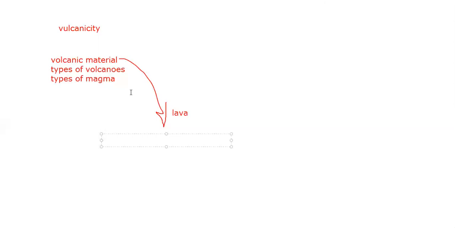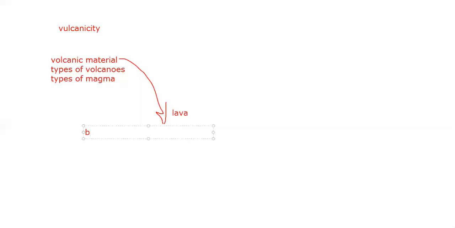Lava is one of the materials ejected from a volcano, so I'll be looking at the types of lava. Lava or magma, it's the same thing. It's just that lava is when it's out of the volcano, and magma is when it's inside of the volcano. In looking at the material ejected from a volcano, we'll be looking at the types of lava.